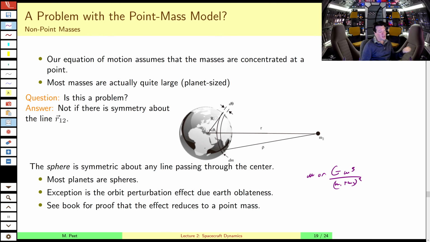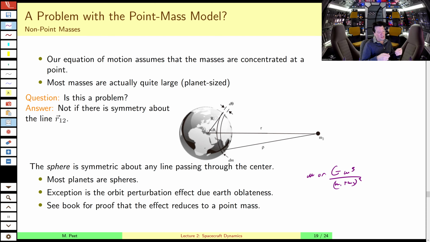We're going to address another issue with the model of the two-body problem, which is that it assumes, it's basically an assumption, that the mass of the body is concentrated at a point, an infinitesimally small point. And obviously, the mass of planets are not infinitesimally small unless they suddenly contract into black holes or something like that. And so that's another issue we have to deal with.